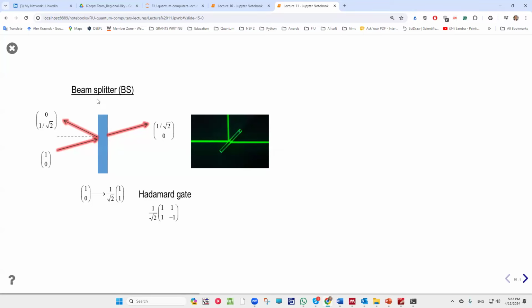And this beam splitter, in this sense, is nothing but the Hadamard gate, because the Hadamard gate, as we know, takes a basis vector and creates a perfect balanced superposition of two vectors, from the 0 state to the plus state. This is exactly how the Hadamard gate works. So a beam splitter is an optical version of a Hadamard gate.